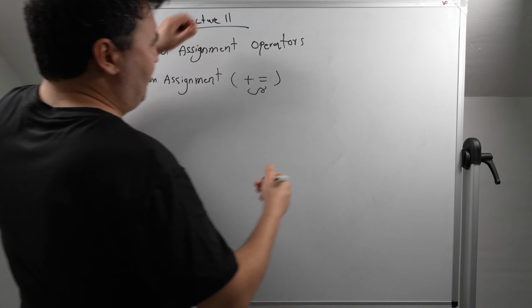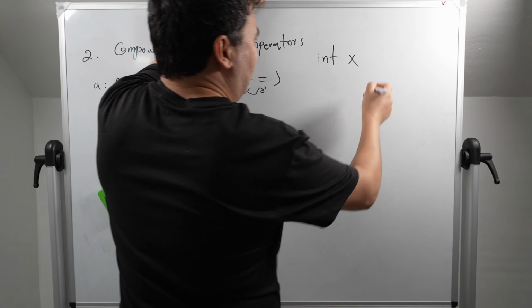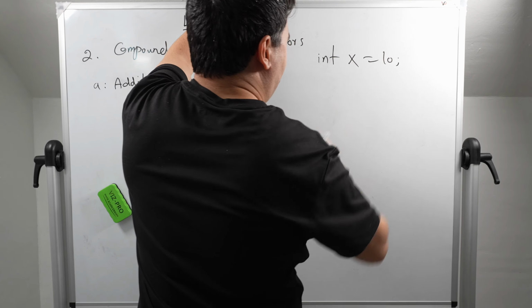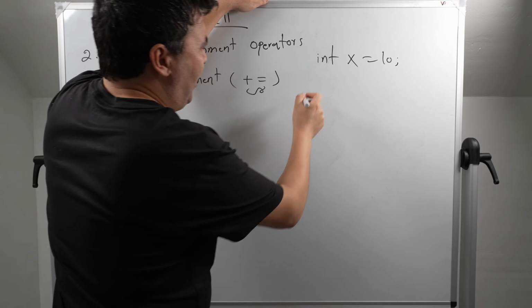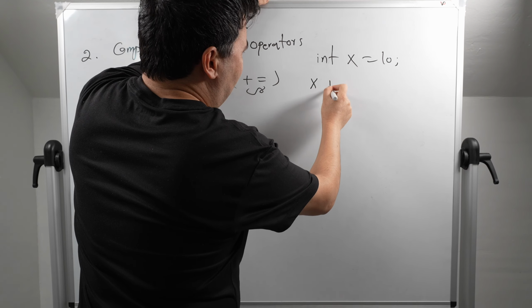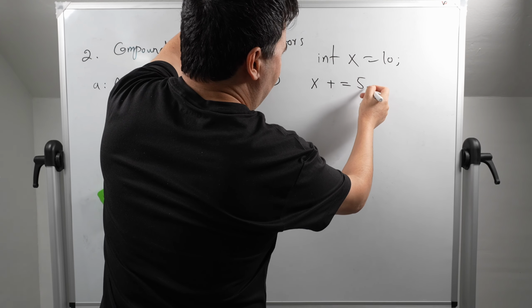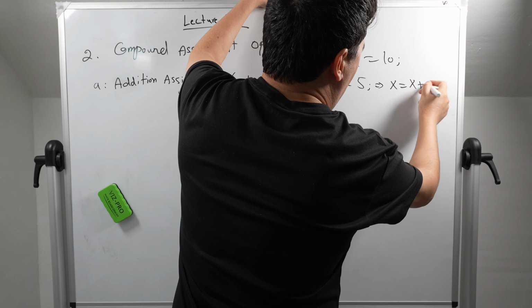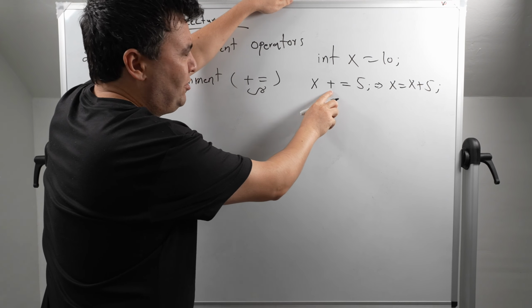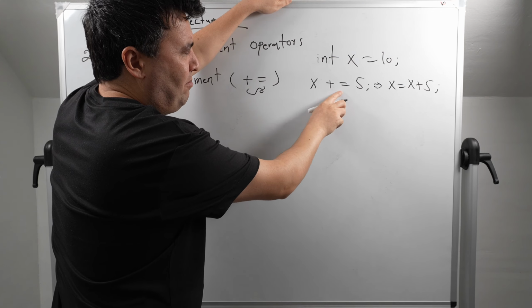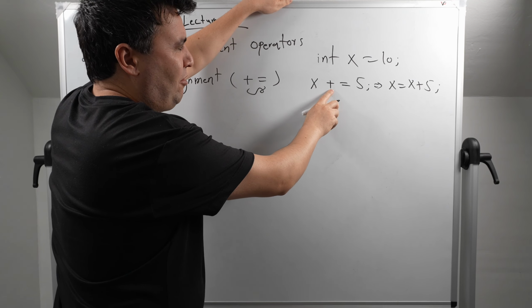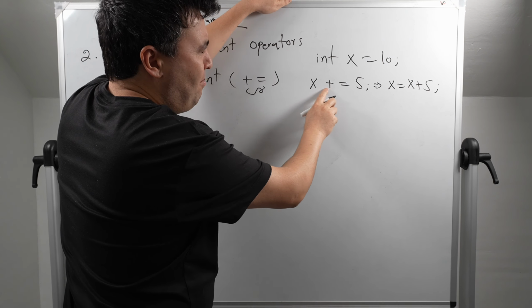Like for example, if we have integer x is equal to 10. In another line, if we write x plus equal 5, it means x is equal to x plus 5. You see, we use addition assignment, a compound operator.